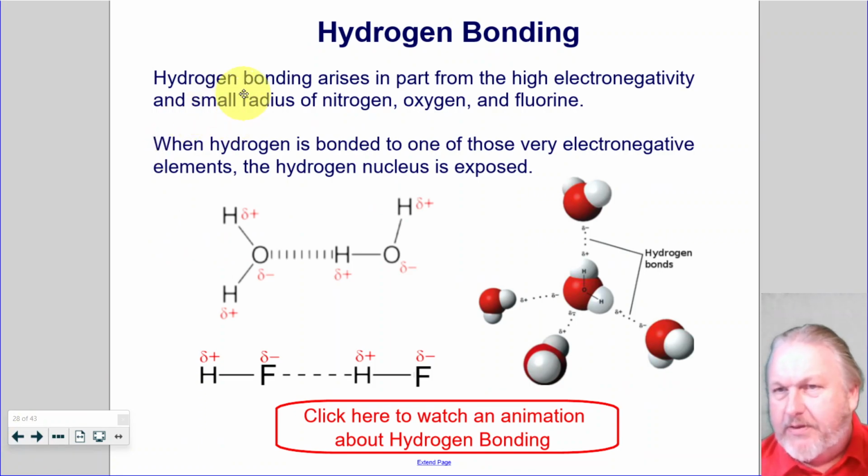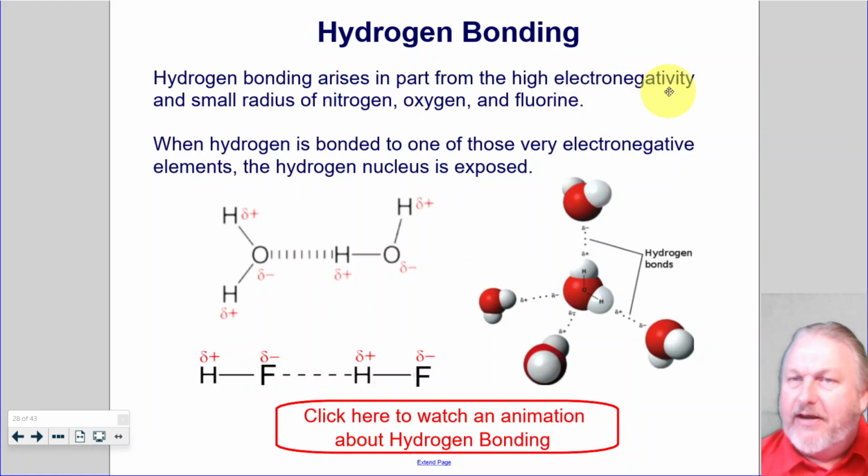Now, this happens because of the higher electronegativity and smaller radius of nitrogen, oxygen, and fluorine. They're pretty electronegative. So when the hydrogen is bonded to one of these very electronegative elements, the hydrogen nucleus becomes exposed, and it becomes almost a proton.